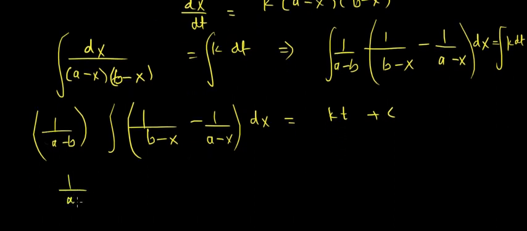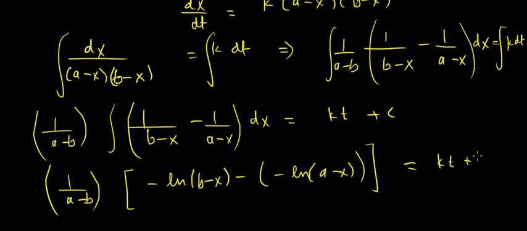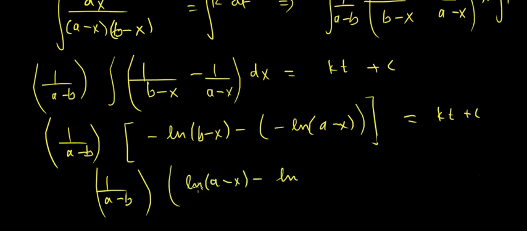Then we will be getting 1 upon (a minus b), and on integration we will be getting minus ln(b minus x) minus of minus ln(a minus x), which should be equal to kt plus c. So minus minus gets plus here, so we would be getting the final equation as 1 upon (a minus b) times ln(a minus x) minus ln(b minus x), which should be equal to kt plus c.